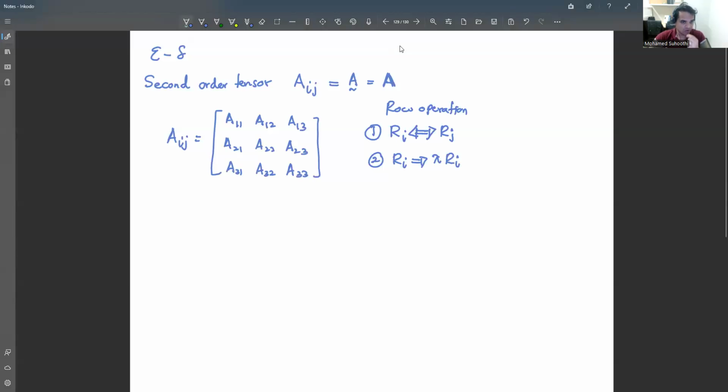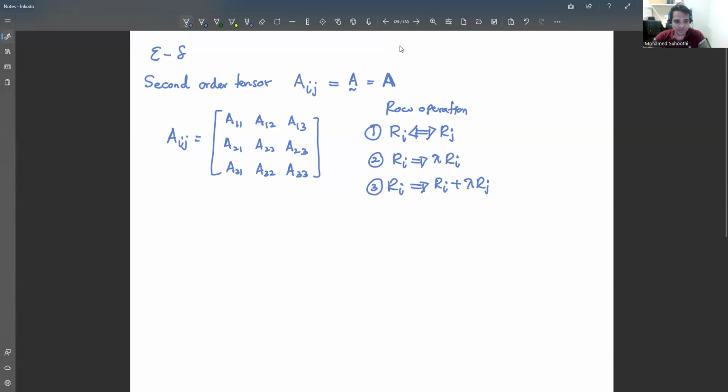So one row, you can replace it by the multiplication row. The third one, row you can replace it with the summation, the operation between two rows, like this. Okay, so these are the three row operations.